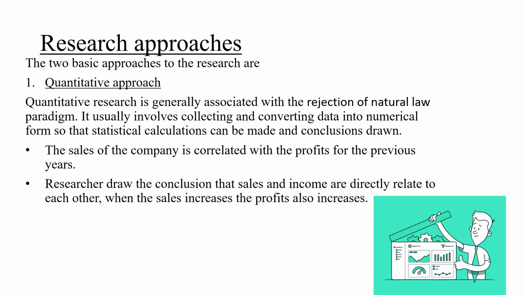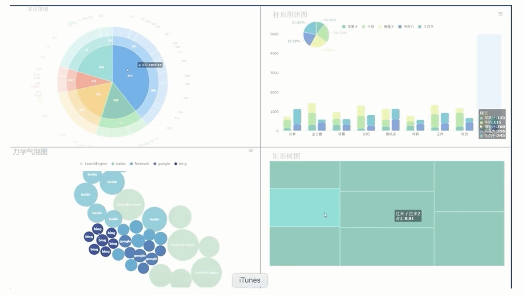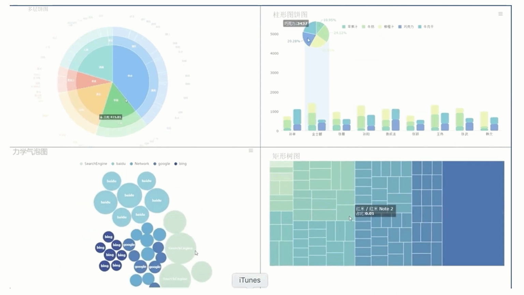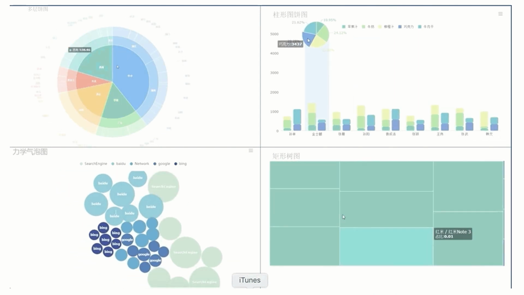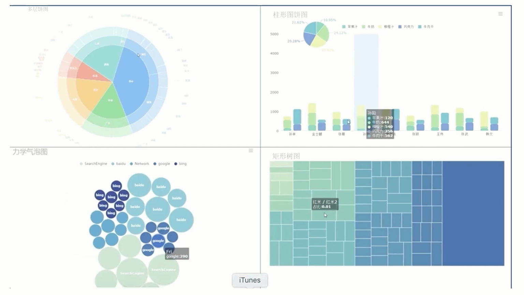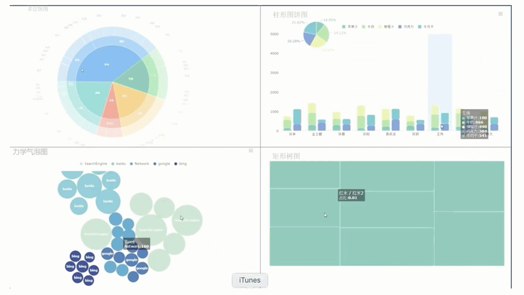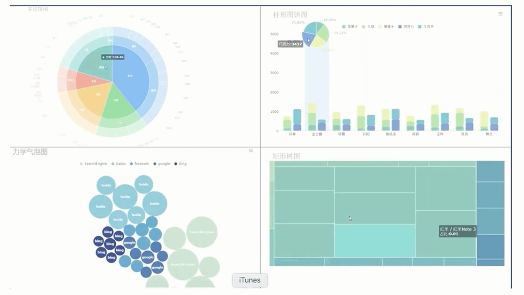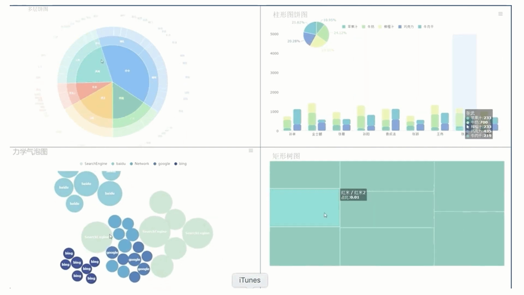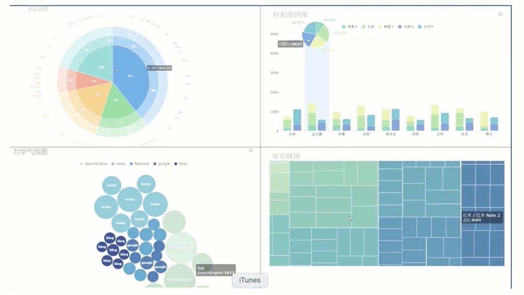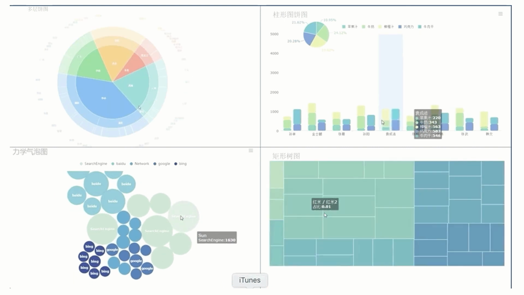All these things can be easily ascertained by approaching the research in a quantitative way. This is just one example of how we compare data. Let's take the sales graph of various years, from 2019 to 2020, 2020 to 2021. We see whether the sales figures increased or decreased. We need to compare the data and also make a demand estimation for the future.